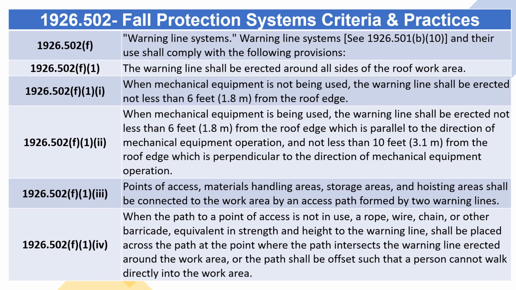Points of access, materials handling areas, storage areas, and hoisting areas shall be connected to the work area by an access path formed by two warning lines. When the path to a point of access is not in use, a rope, wire, chain, or other barricade, equivalent in strength and height to the warning line, shall be placed across the path at the point where the path intersects the warning line erected around the work area, or the path shall be offset such that a person cannot walk directly into the work area.